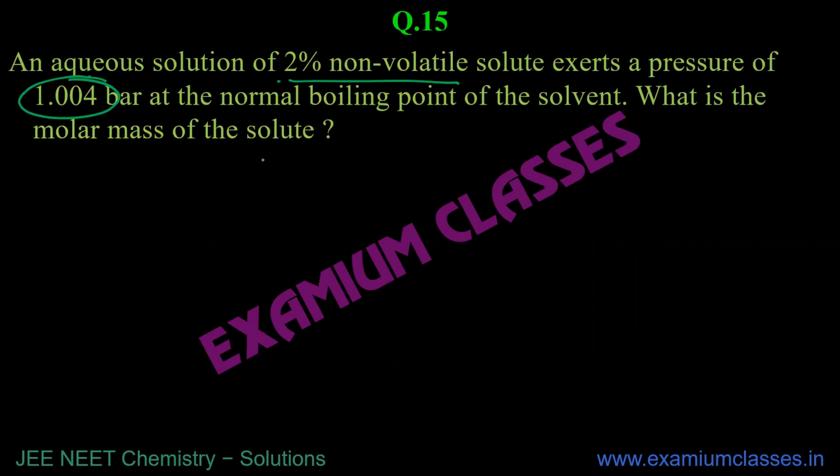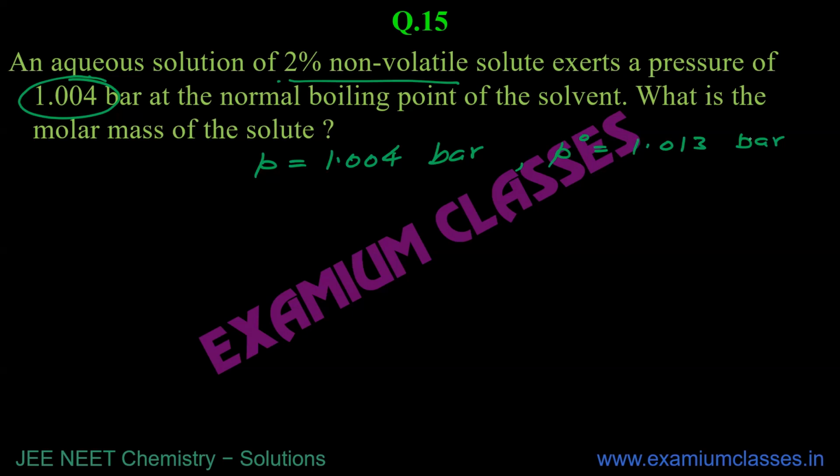Say it is P. P is given as 1.004 bar. But when nothing was mixed, it was P naught, and P naught was 1 atm. Because we are talking in terms of bar, we will say 1.013 bar. P naught would have been like this. And now you can get the answer.